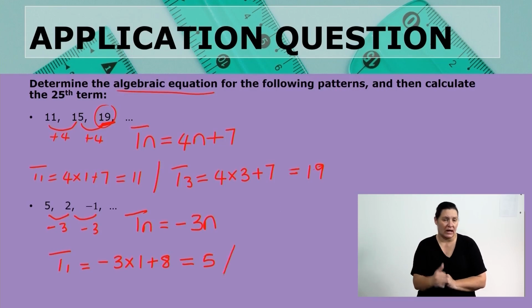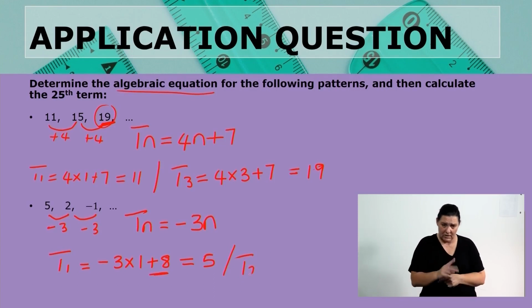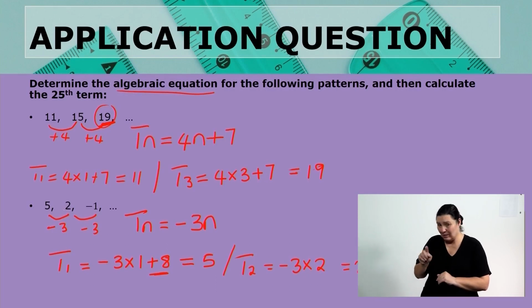So let's just check with the second term to see if that plus 8 is part of our equation. So if I check with the second term there, that is going to be a negative 3 multiplied by 2 for the second term. And then our answer is supposed to be the 2 because the 2 is also our second term.